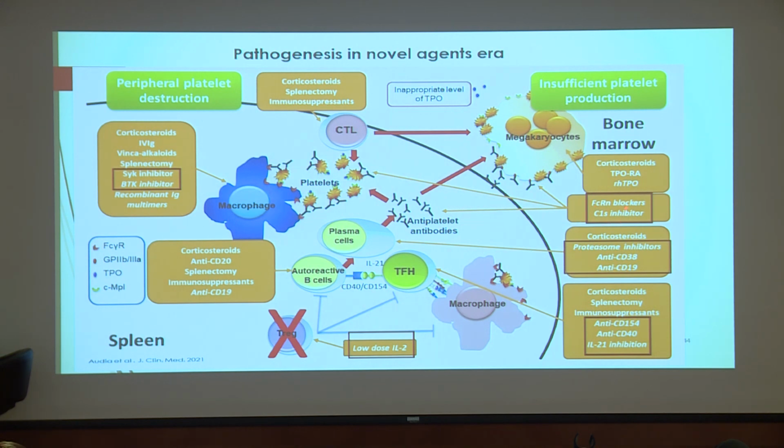Still, those are molecules in phase 2 studies, and you can appreciate the broad action of steroids here, because steroids affect the macrophages and the autoreactive B cells, and also have a role in restoring the function of Treg, reducing antiplatelet antibody, and improving the production of platelets from megakaryocytes.